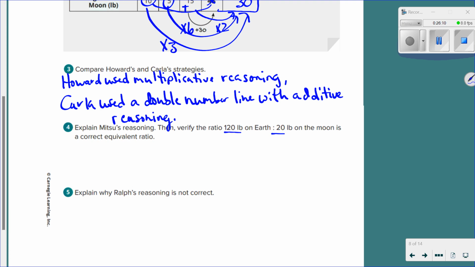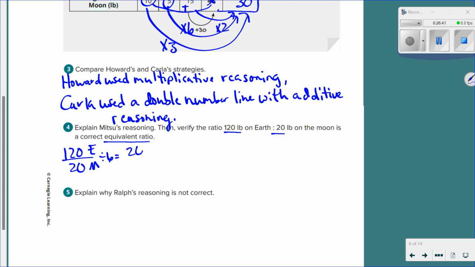Then, how can we verify that that is a correct equivalent ratio? What do you guys think we should do? Who remembers what I said is the definition of equivalent ratios? Simplify. So I take 120 pounds on the Earth, so we'll just go back to my M&Ms, and 20 moon. What can I simplify both those by? 6.